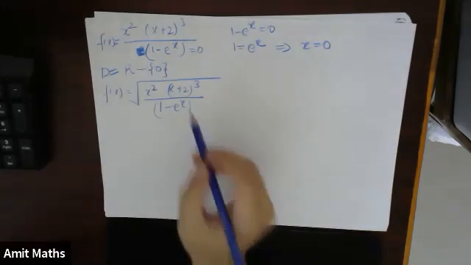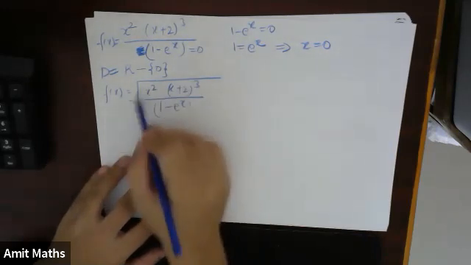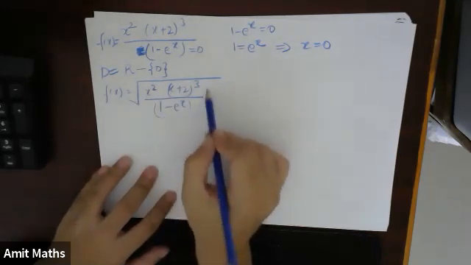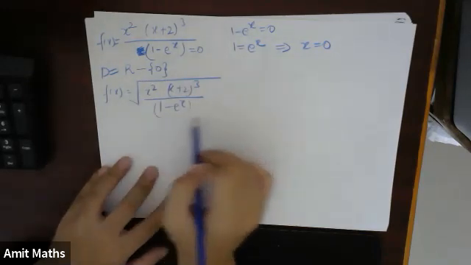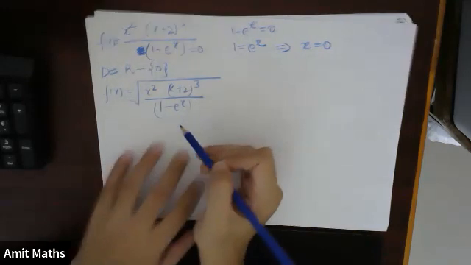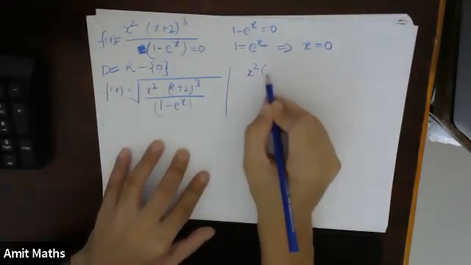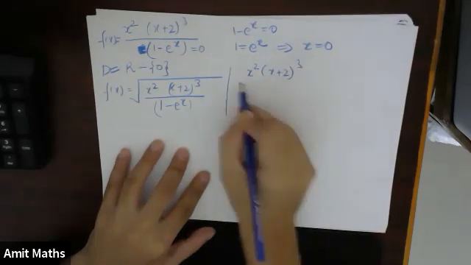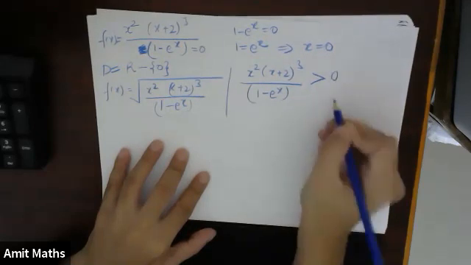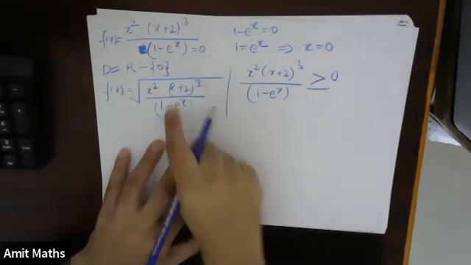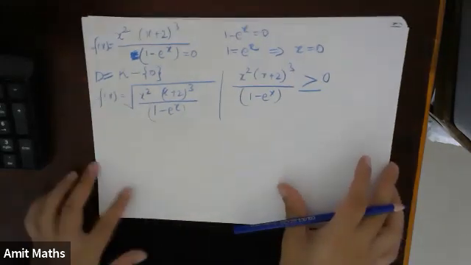Now, whatever is inside the root has to be greater than 0. So x square into x plus 2 whole cube upon 1 minus e to the power x should be greater than or equal to 0, because 0 inside the root is okay.